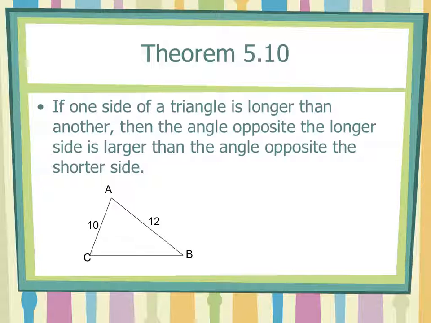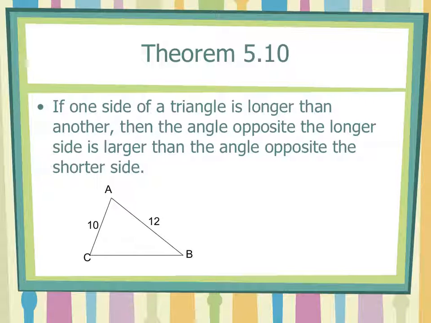When the top side gets shorter, what happens to the angle across from it? And when this top side gets longer, what happens to the angle across from it? So what this tells us is that if you have a short side of a triangle, then it has a small angle across from it.